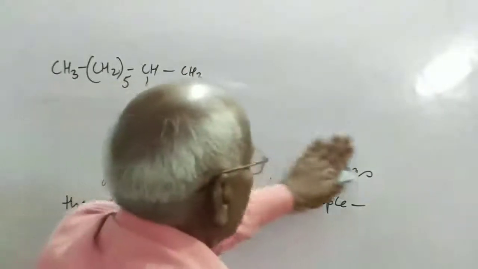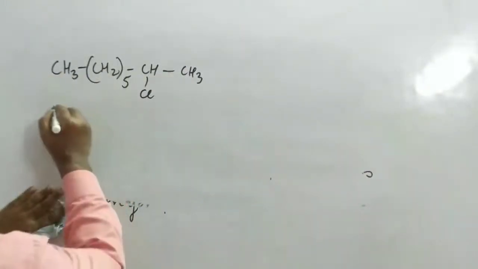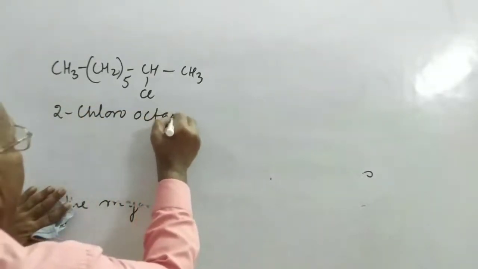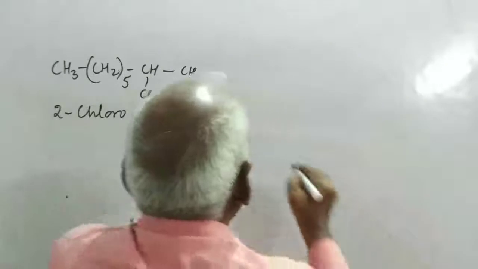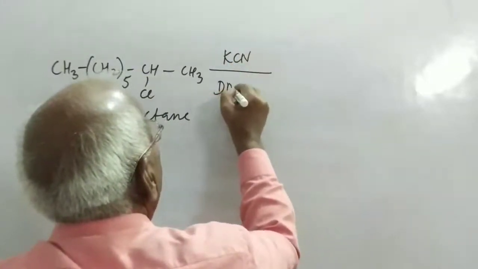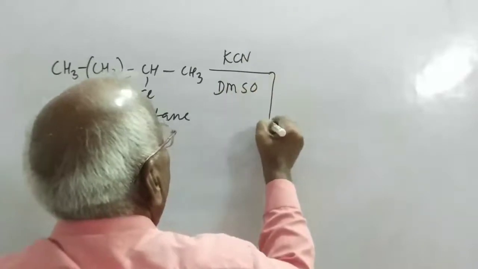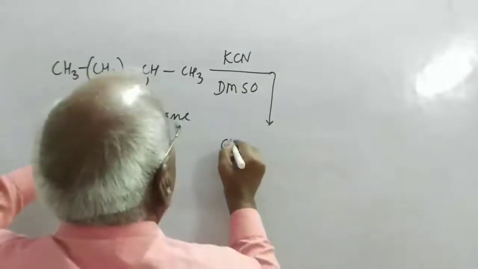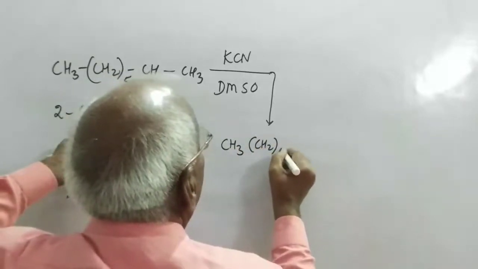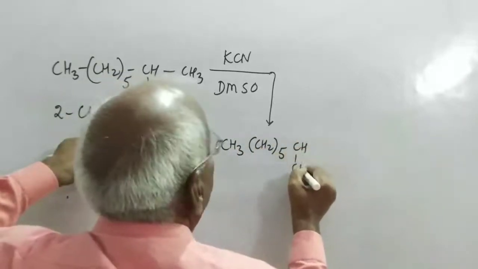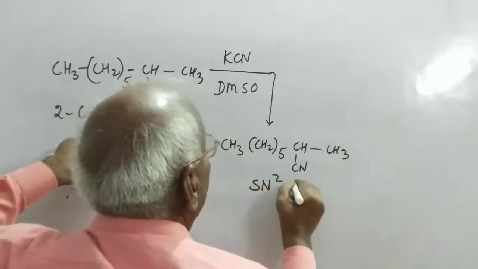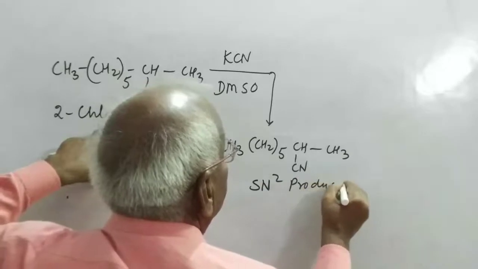This is 2-chlorooctane. When it reacts with potassium cyanide in presence of dimethyl sulfoxide, it yields the SN2 product, (CH2)5 CHCN CH3, SN2 product major.